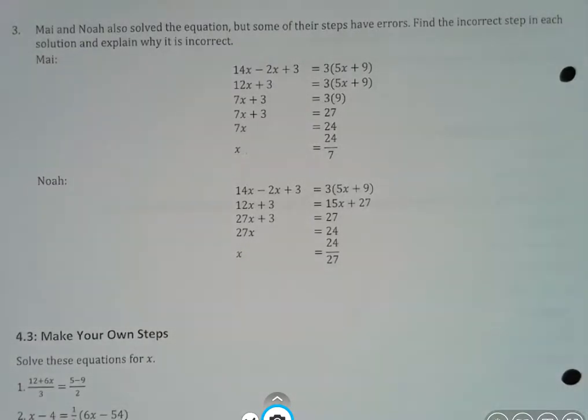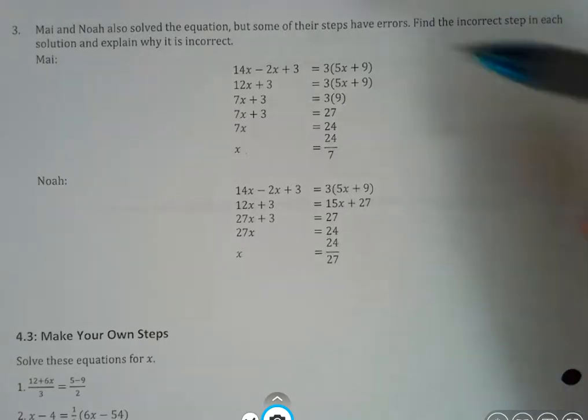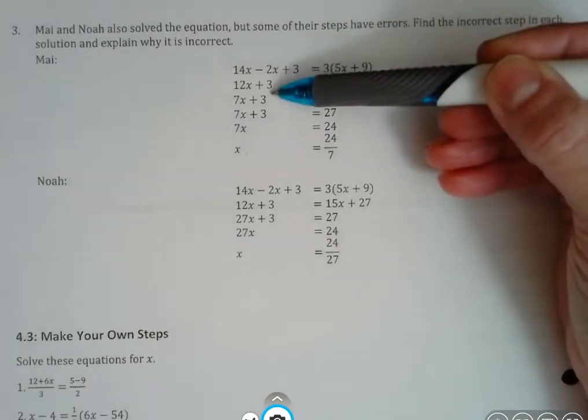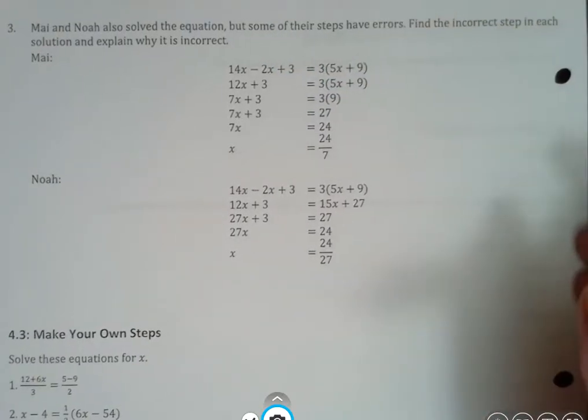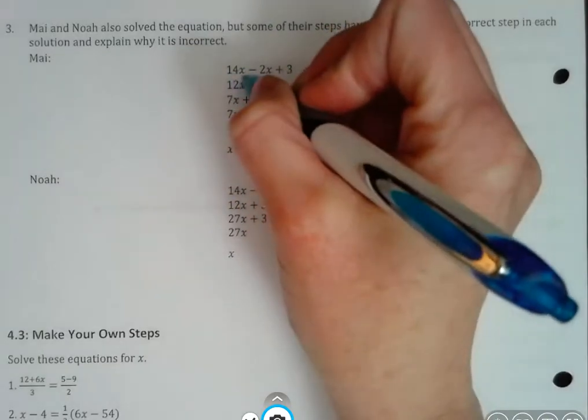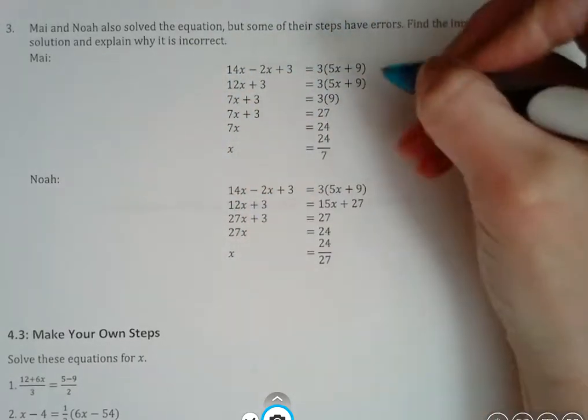So if we take a look at what Claire and Lynn did, both Mai and Noah seem to start with the same process on the left side of their equation by looking at these two steps and combining like terms. So these two steps for both of them are actually okay.